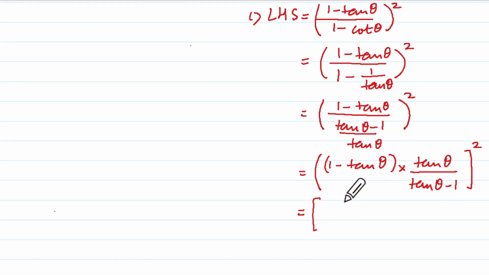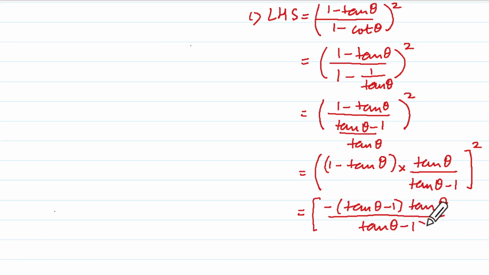So what I would do is, inside this bracket, I will change the sign. How do I change the sign? Did you see what I did? Did you understand what I did? You could have changed the sign in the denominator and kept this intact.